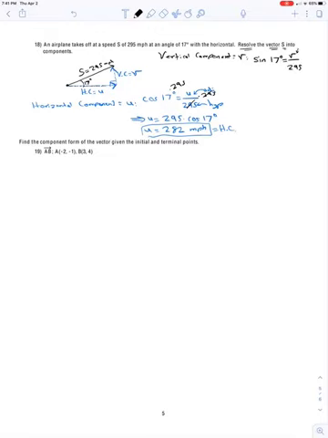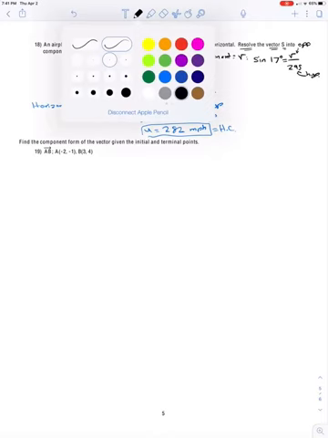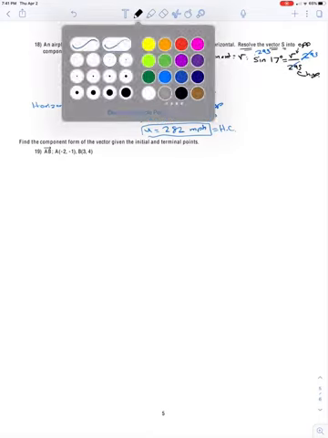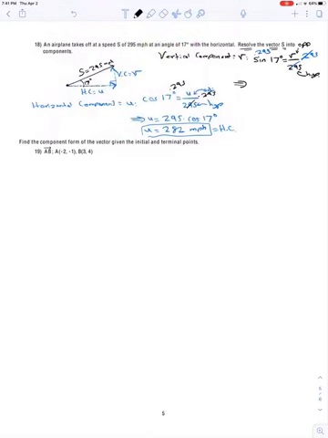So again, definition, opposite over hypotenuse. And as we're solving that, we'll clear out the fraction. Let's multiply both sides by 295. And as we simplify down, we have V, our vertical component, equal to 295 times the sine of 17 degrees.